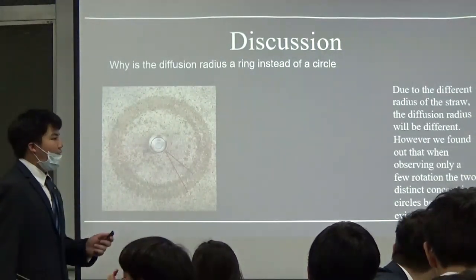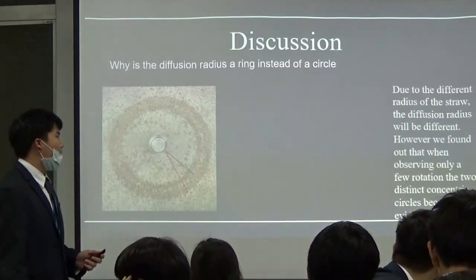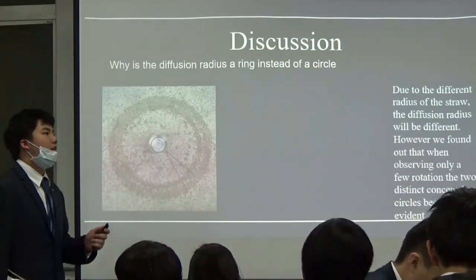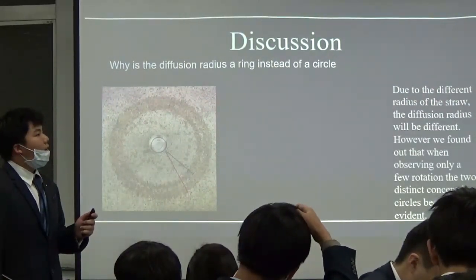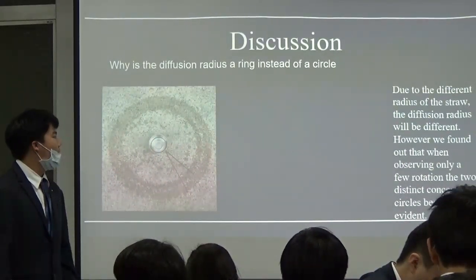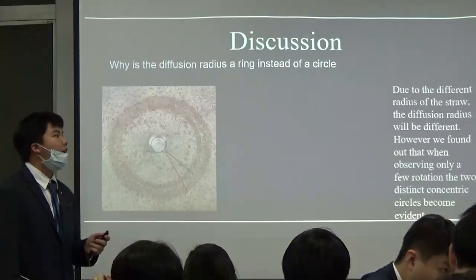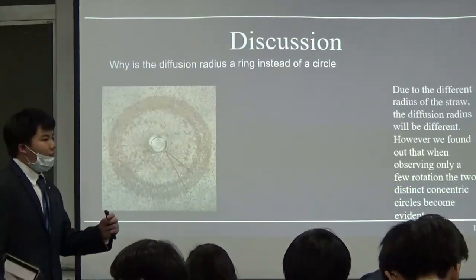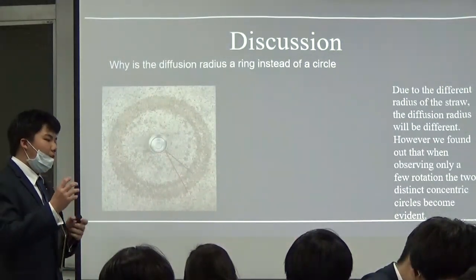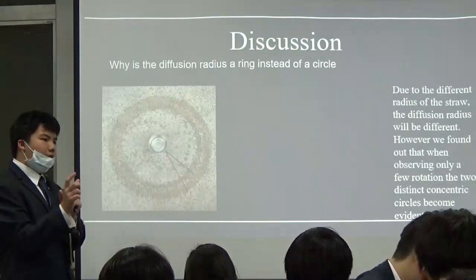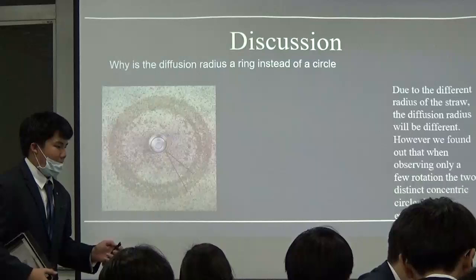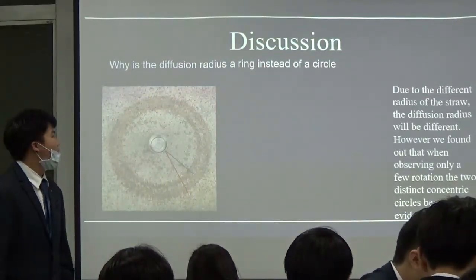After that, I found out that it is because of the different radii of the flow. When the two radii of the flow are different, the diffusion radius will be different.